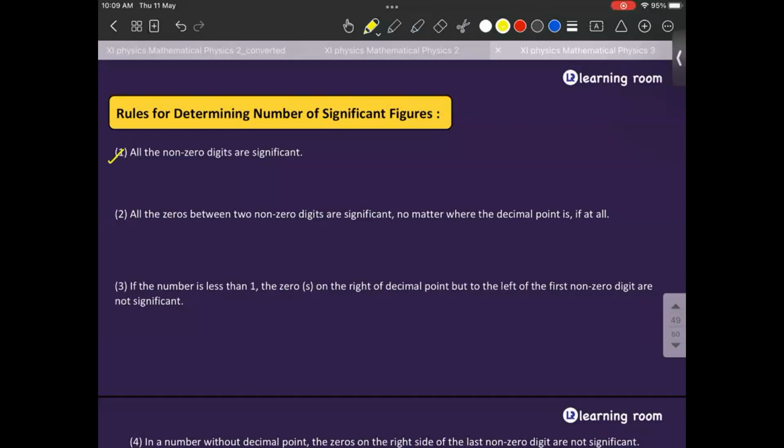So what is the meaning of this? For example, let's take a measurement like 125.63 gram. Here, all the digits are non-zero. So what is going to be the number of significant digits in this?